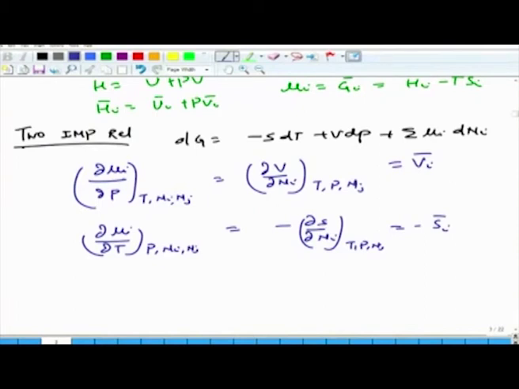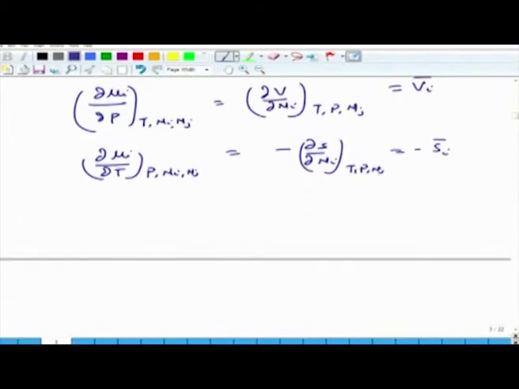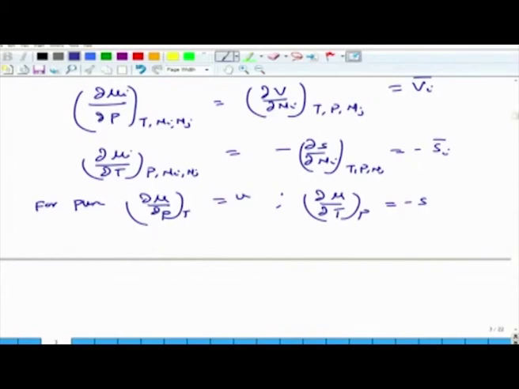Now, for a pure system, of course, del mu by del P at T is the molar volume, and del mu by del T at P is minus the molar entropy. We are going to use these two expressions in the later case.